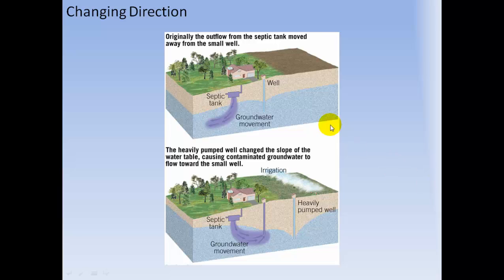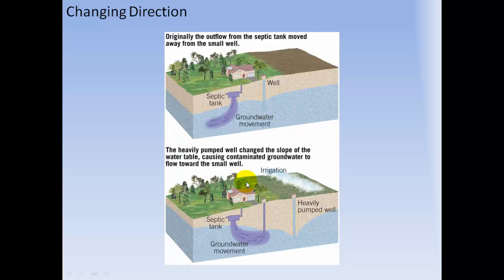Okay, so, changing of direction: with the outflow, the septic tank goes this way, away from the well, and the well has a cone of depression from pumping water. But then if we stop pumping water, that water table is going to rise up and the septic contamination is going to flow toward that small well.